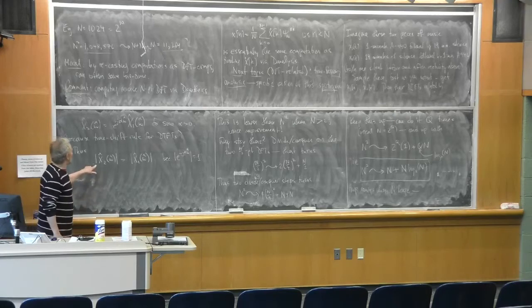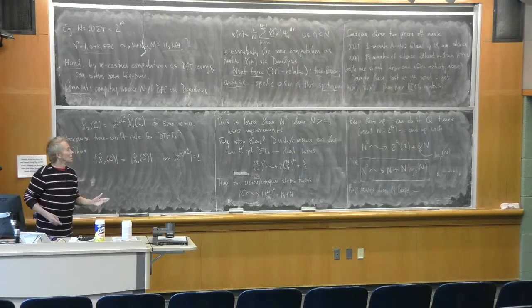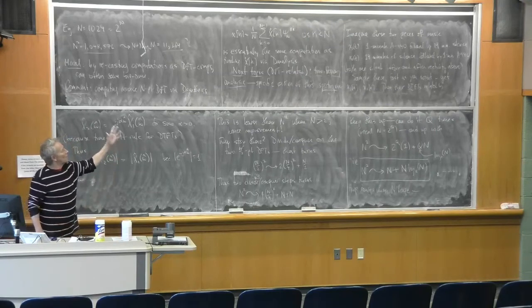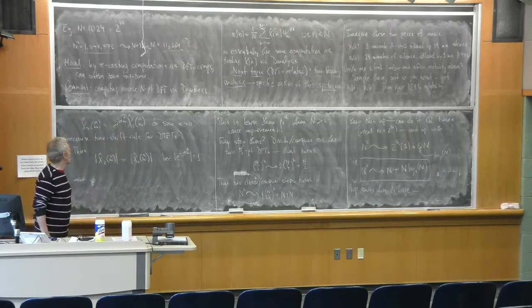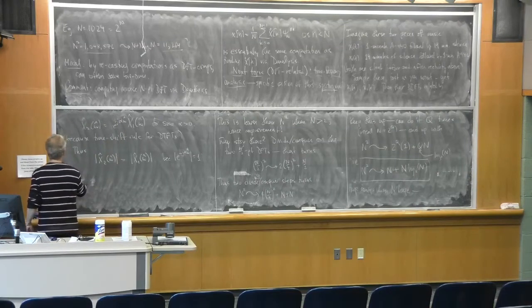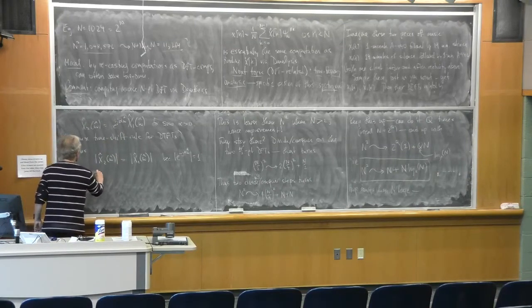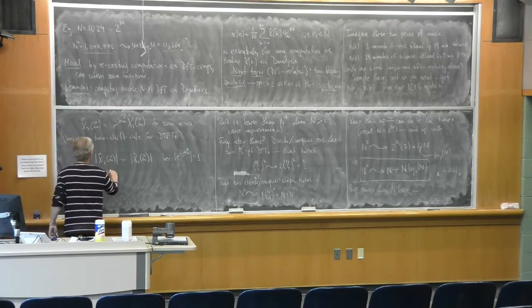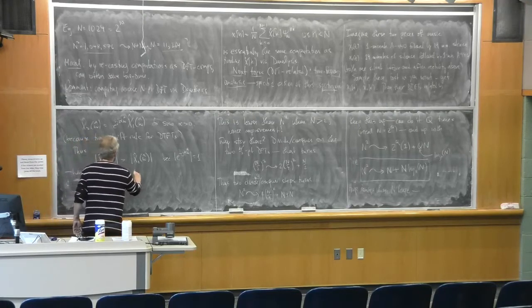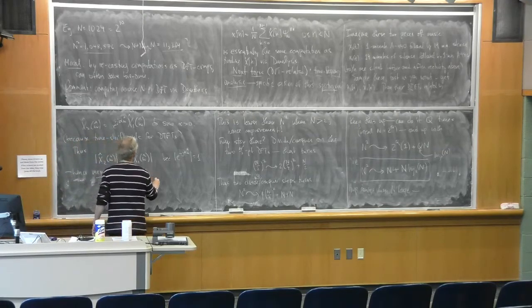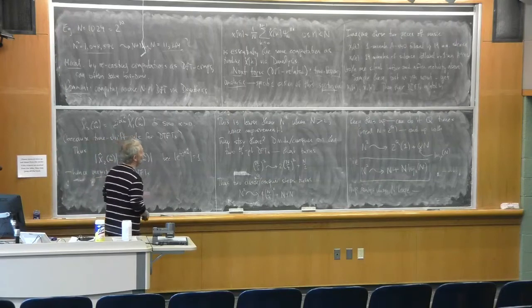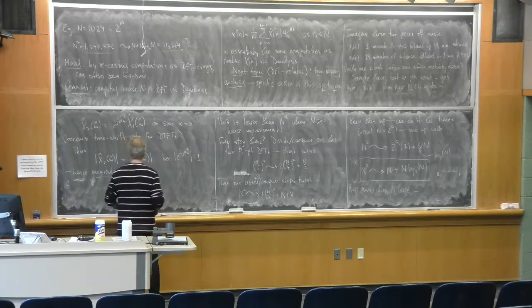So, by graphing the magnitudes of these, measuring the magnitudes of the spectra, you can't tell the difference. You can't tell which signal you were looking at. Hence the magnitudes of the DTFTs tell us nothing about which signal we're looking at.